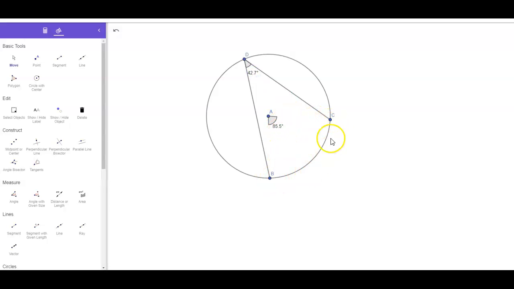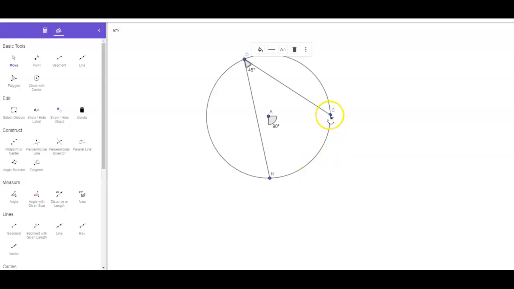Now you notice this angle is 42.7 degrees. And remember, this arc is equal to this central angle, so this arc is 85.5 degrees. If I move these points, notice here that central angle is 90, which makes the arc 90, which makes this inscribed angle 45 degrees.